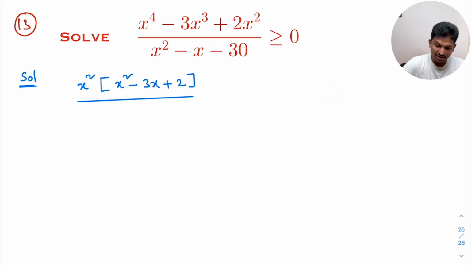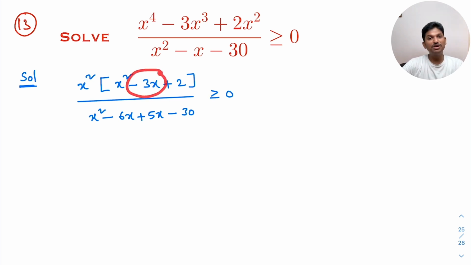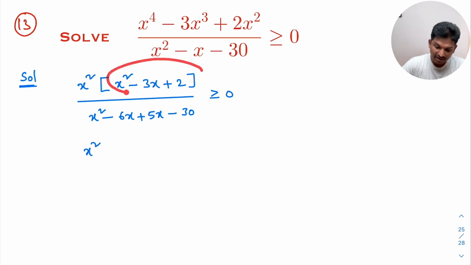So what I'll write here: x square minus 6x plus 5x minus 30 is greater than or equal to 0. Now here you split this middle term. This can be written as minus 2x minus x. So x square into, if you split the middle term, you will get x minus 1 into x minus 2.